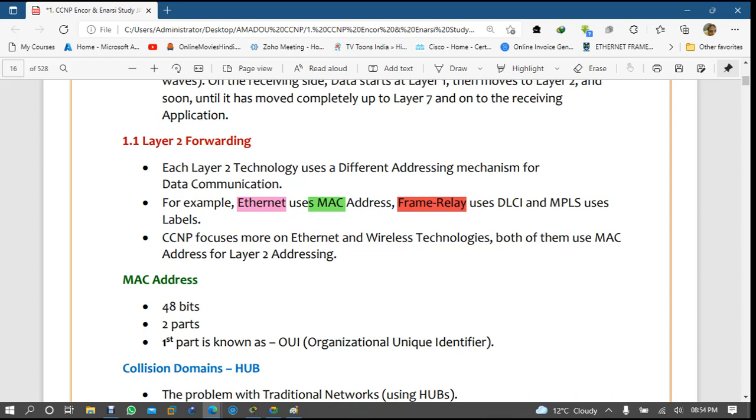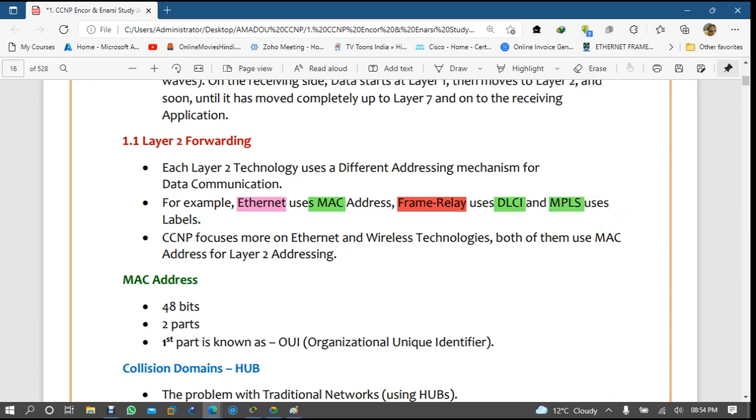When we were using it, Frame Relay was also a layer 2 technology, and it used DLCI, the Data Link Connection Identifier, a number we were using at that time. Now we are not using Frame Relay. Who replaced Frame Relay? MPLS.